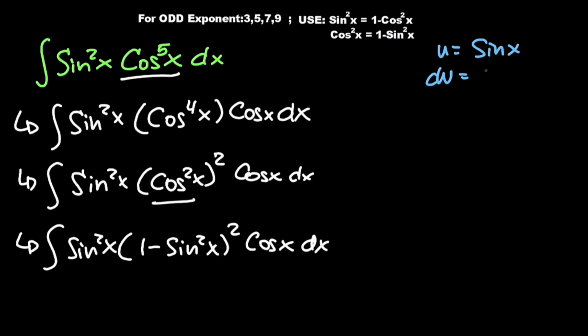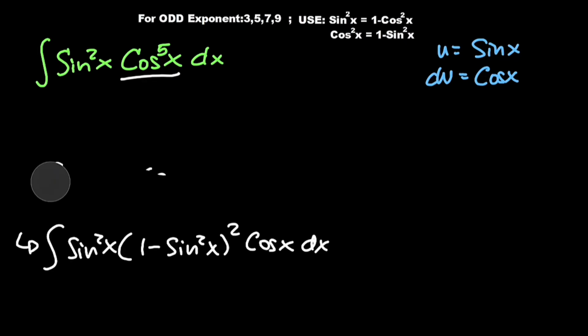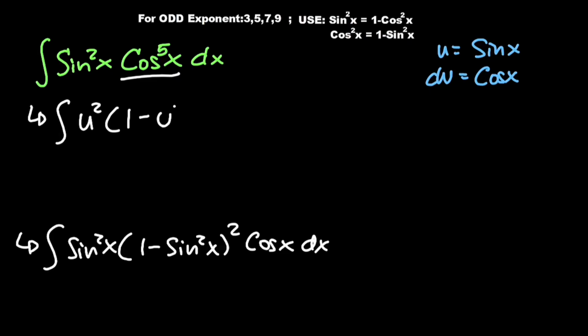Derivative of sin⁵x would be cosine⁵x. And so, by substitution, we would have sin² of x, it would be u squared multiplied by (1 minus u squared) to the power of 2. This should be cosine x dx multiplied by du.